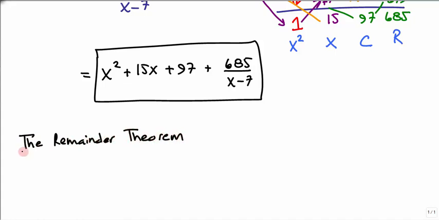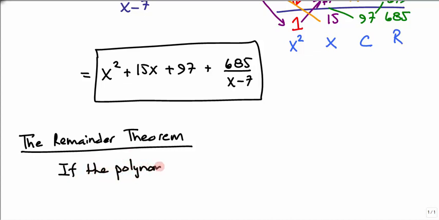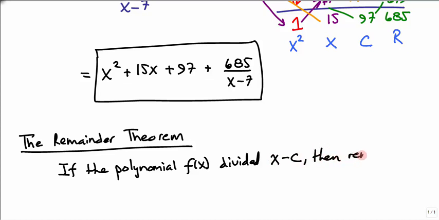What the remainder theorem states is that if we have the polynomial, and we'll just call the polynomial f of x in this case, so if we have the polynomial f of x divided by the binomial x minus c, where c is any constant, it could be positive or negative, then the remainder is f of c.